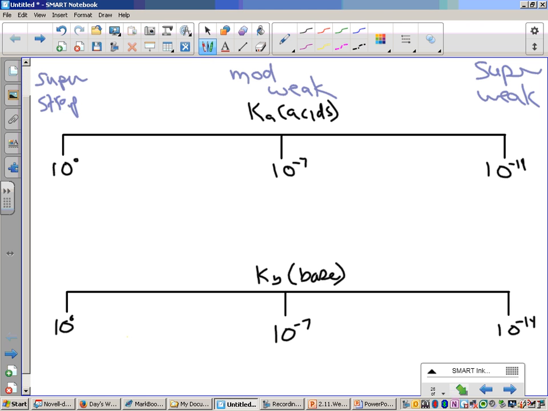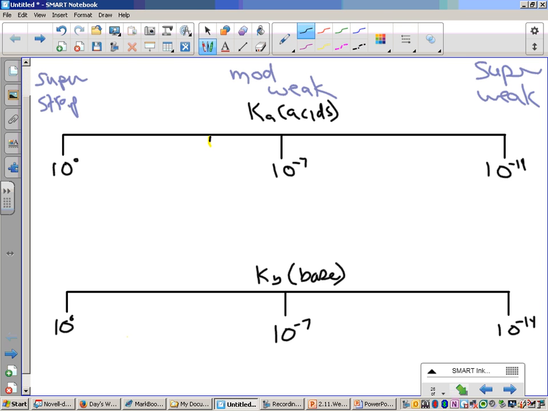Okay. So let's get some data here. Could somebody find me the Ka for acetic acid? I want to plot it on my Ka graph. What do you got there, Shauna? So negative 5. If this is 0, then I'm going 1, 2, 3, 4, 5, 6, 7. I want to put it right in here, and I want black.